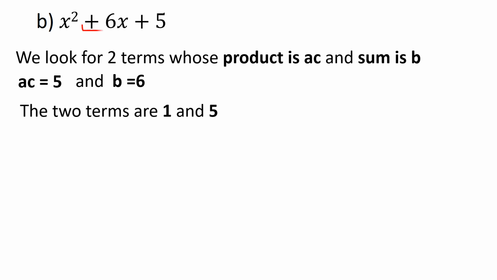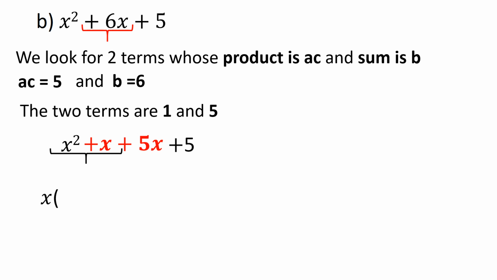So we substitute 6x with x plus 5x and then complete our expression by filling x squared plus 5. We're going to take the first pair, which consists of x squared plus x, and then identify the common term, which is x.